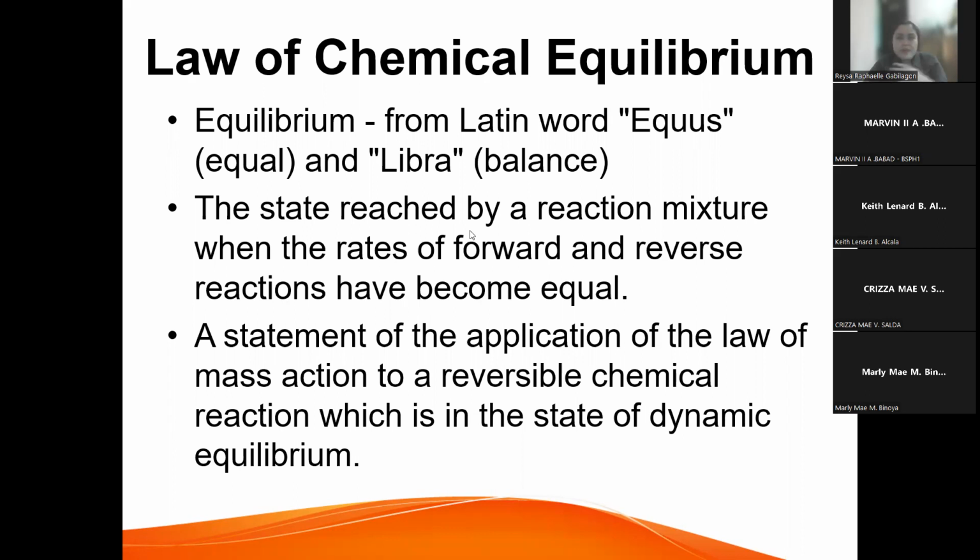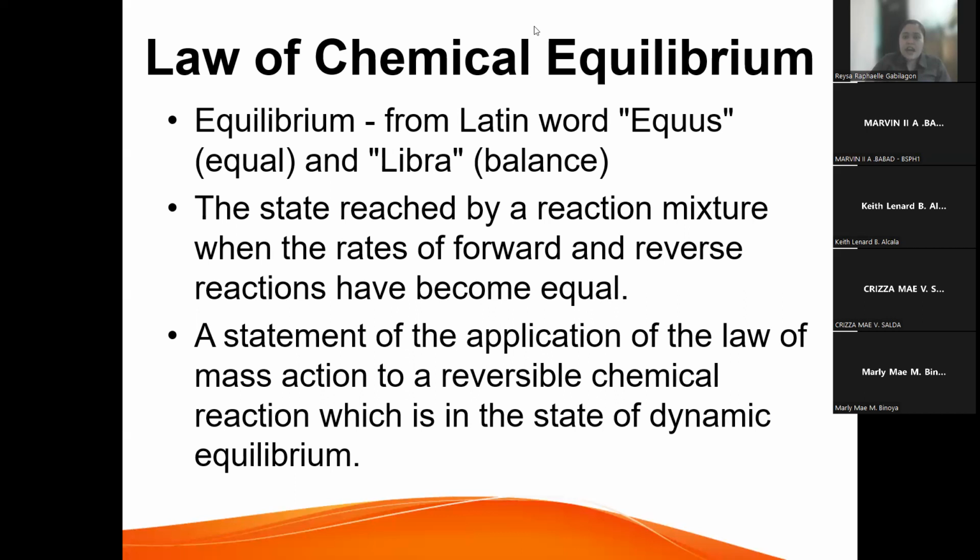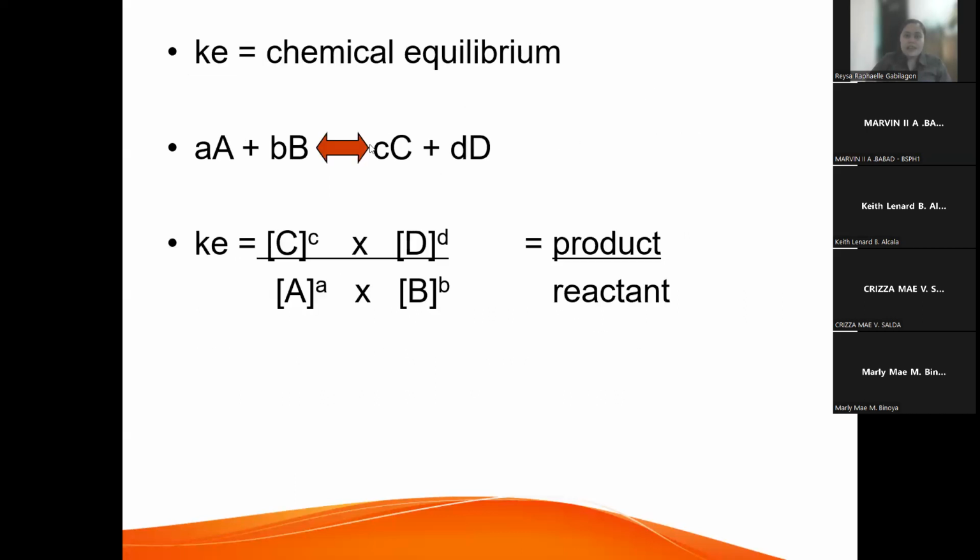Kailangan pantay. Kung mag-react ang reactants, kung gano'n sila kabilis mag-react to form the product, dapat ganun din yung reverse reaction. Yung mga products magre-react with each other to form the original reactant. Dapat parehas yun ng time, ng speed of the reaction for us to again achieve chemical equilibrium.